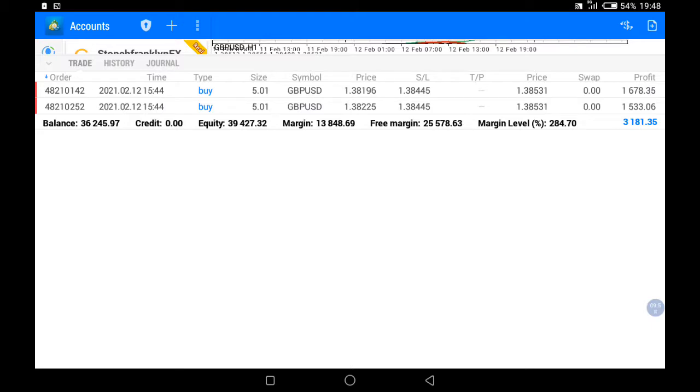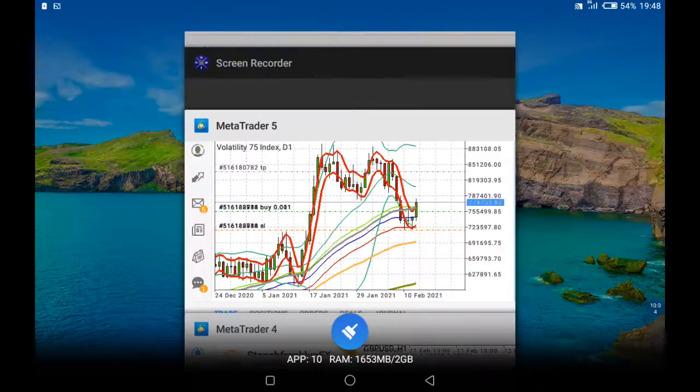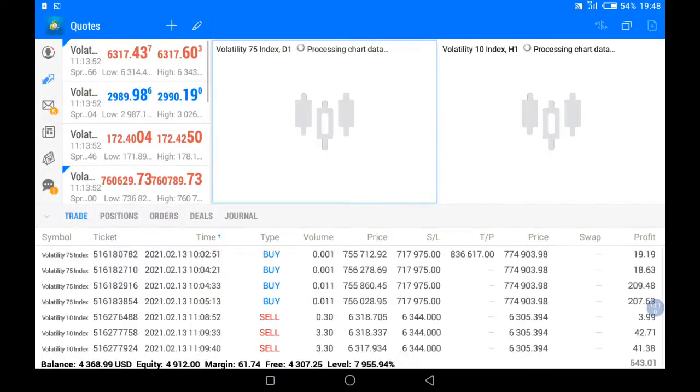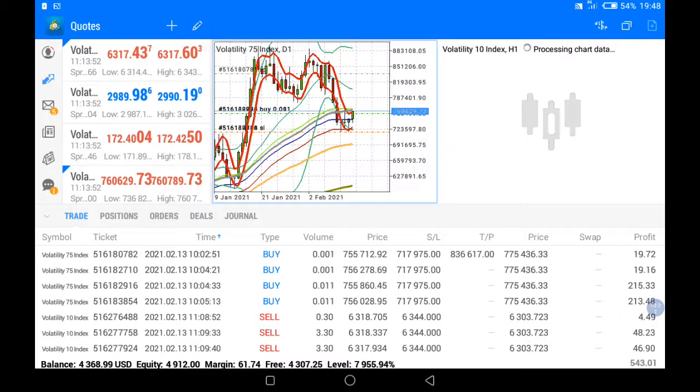In a nutshell, it depends on you as a trader which market you're comfortable with. For me, I can trade both markets with consistent wins and with stability, because the skill is the skill.